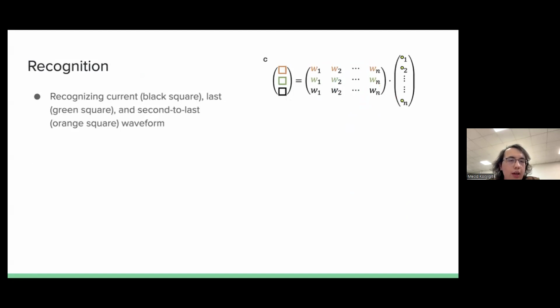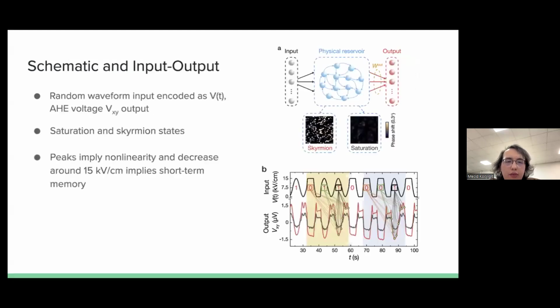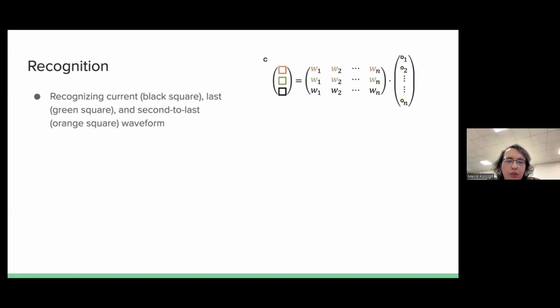Let's continue. In this part, of course, the purpose of this waveform recognition task is to recognize the current, last and second to last waveform types, as we can see in figure B. The black box represents the current, the green box is the last, and the orange one represents the second to last waveform type.